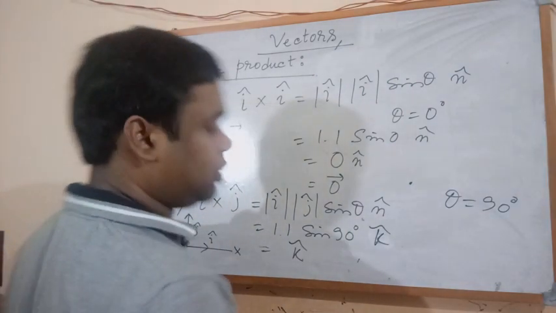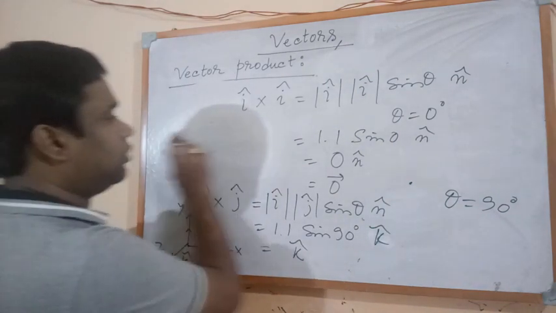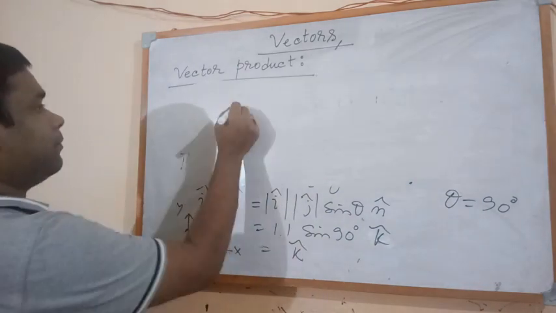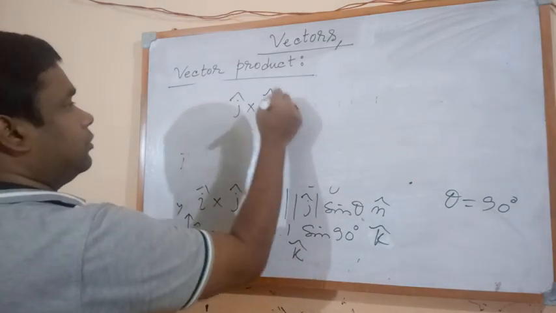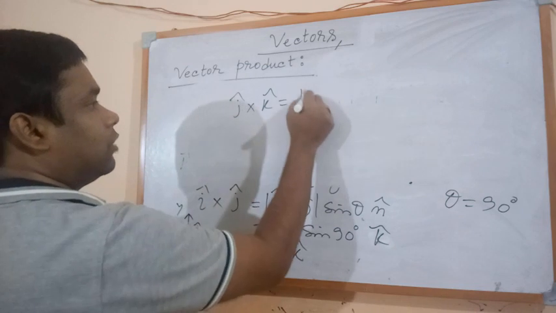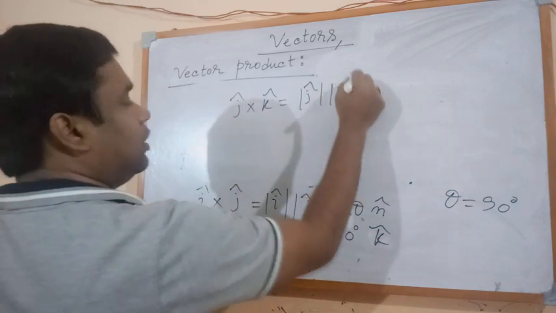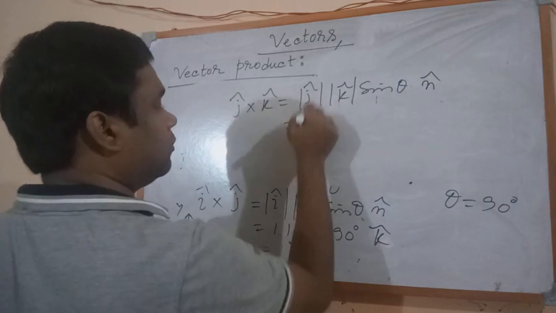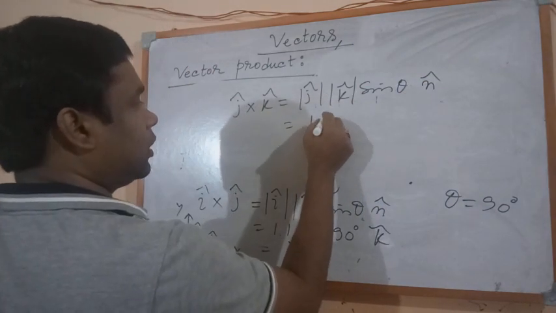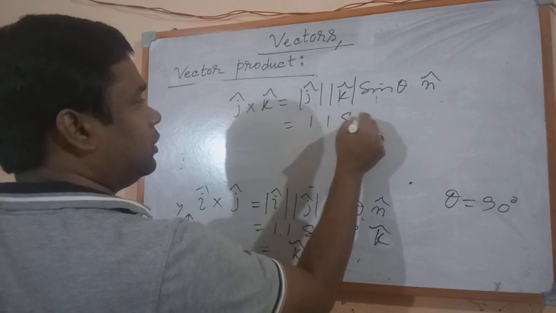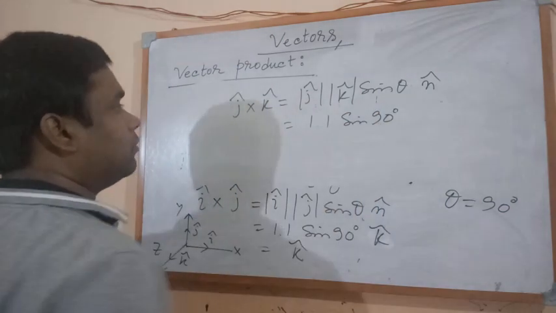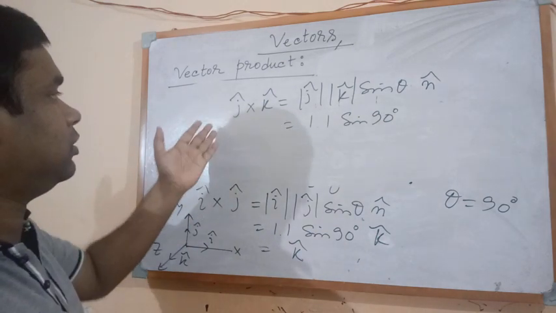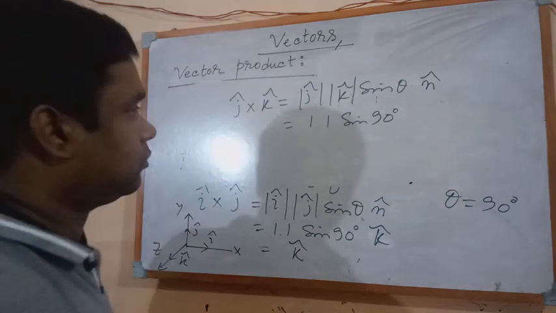Similarly, we can calculate j cap cross k cap. So what will be the value? Mod of j cap, mod of k cap into sine theta into n cap. Here mod of j cap is 1, mod of k cap is 1, and sine of 90 degrees is taken because 90 degrees is the angle between the y axis and z axis, that is, between j cap and k cap.